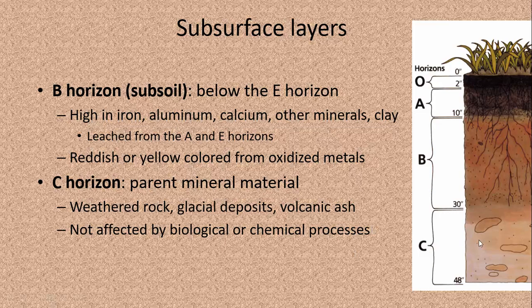And then finally below that is the C horizon, which is basically made up of the parent material, mineral material. So it's just sediments without much organic matter and without many minerals or other nutrients. Basically this layer has not been affected by biological or chemical processes that the other layers are subjected to.